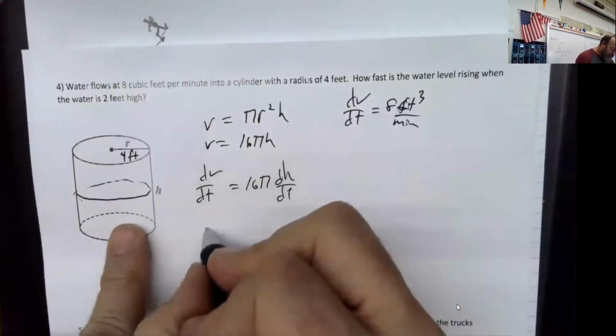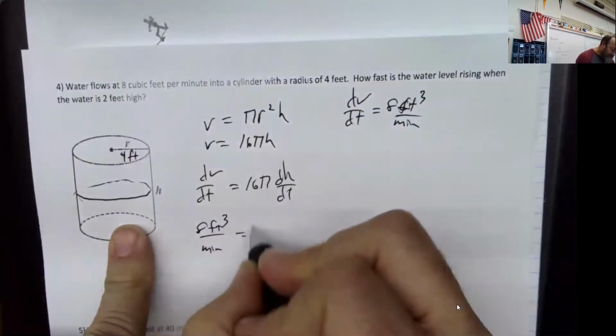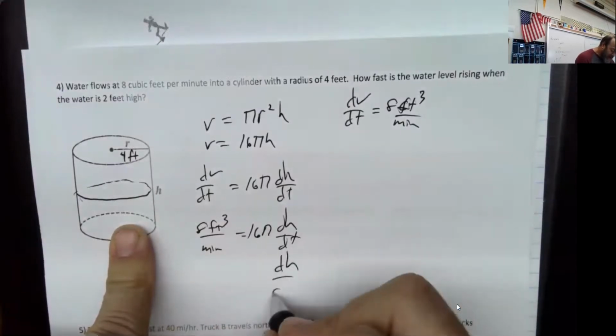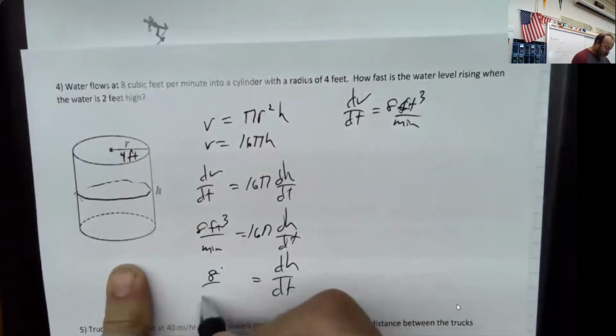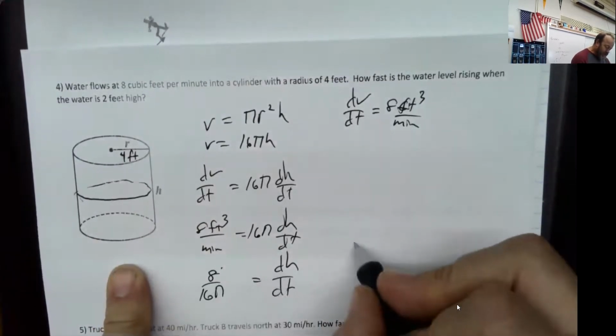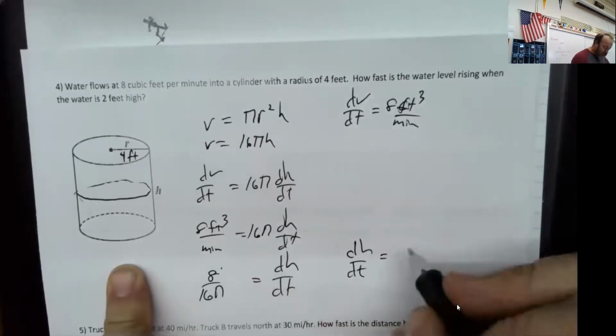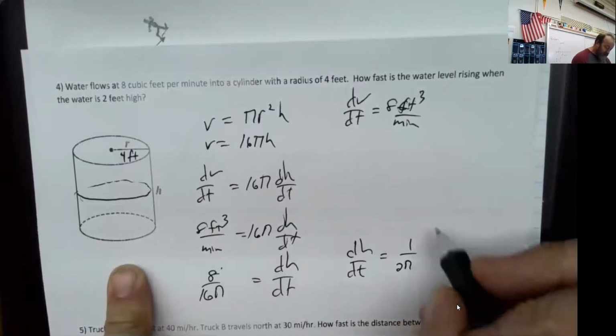So if we put 8 feet cubed per minute here equals 16 pi dh dt, then dh dt is going to be 8 over 16 pi, which in other words, dh dt as a summary would be it is 1 over 2 pi feet every minute.